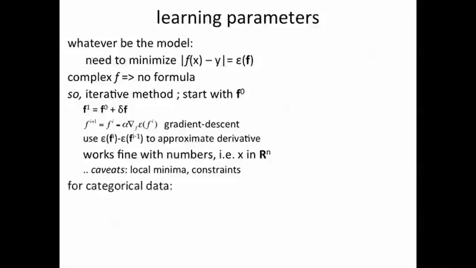The other problem is if x is not numbers, and if x is categorical, at least some of the x are categories like yes, no, red, blue, or green, then you somehow have to convert them to a binary form. So if there are n categorical variables, you might want to convert them to, for example, 0 or 1.